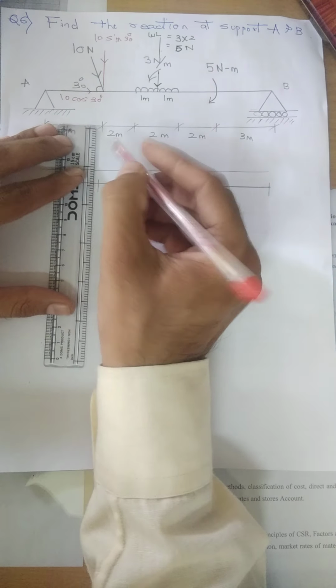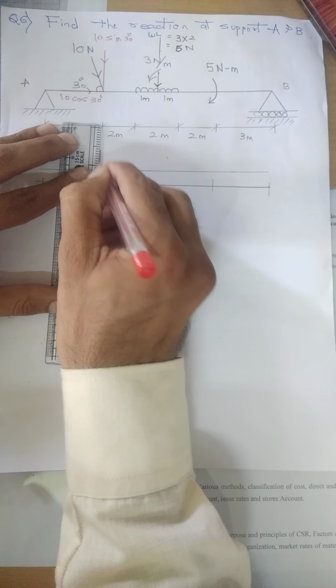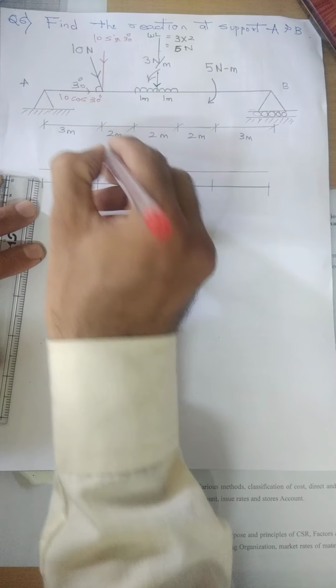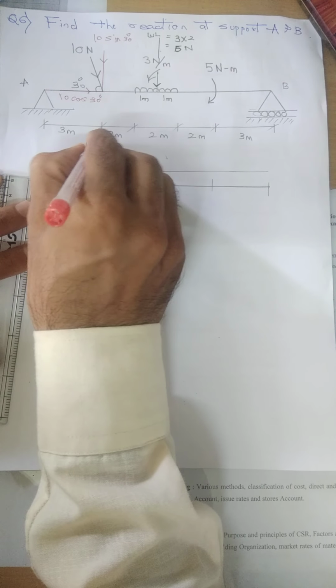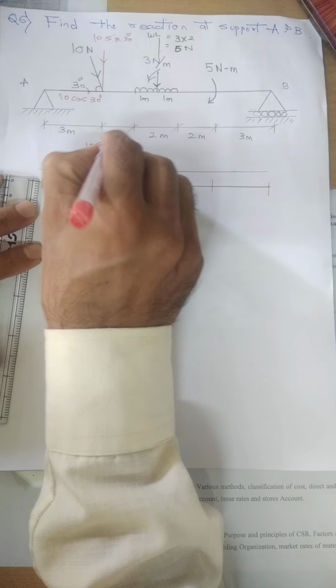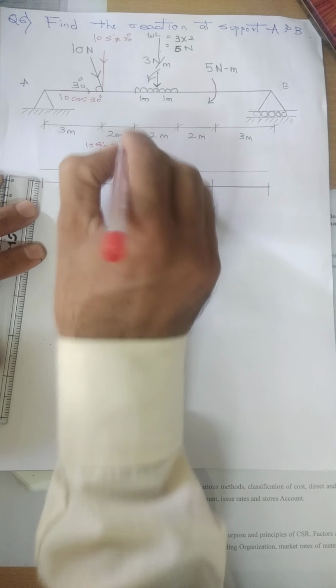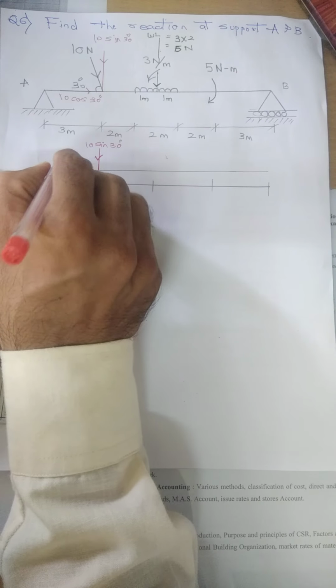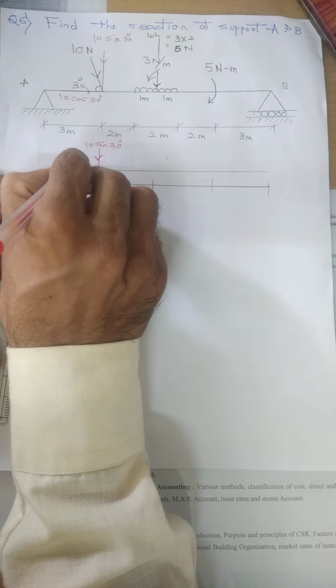At this point two forces are acting: this force is 10 sin of 30 degrees, and at this point it is 10 cos of 30 degrees.